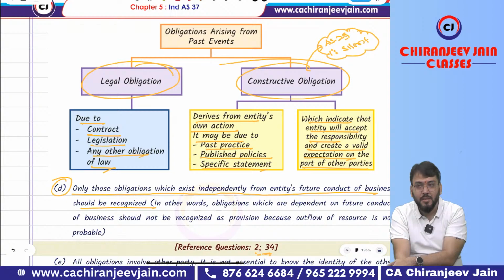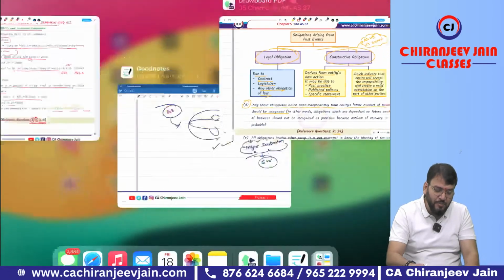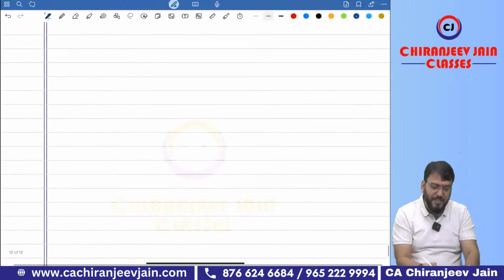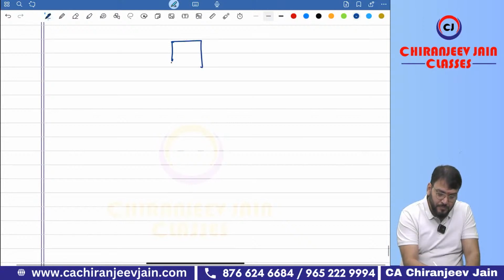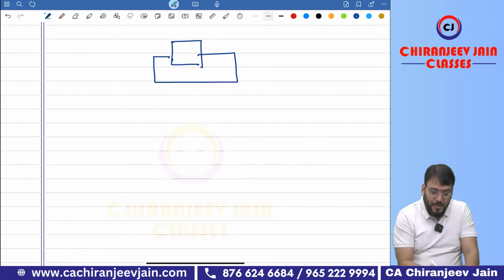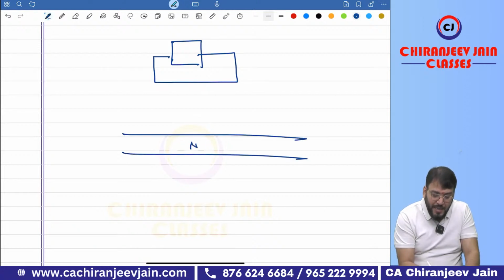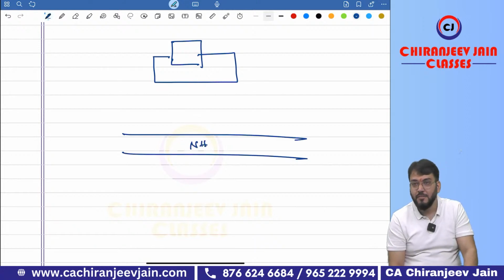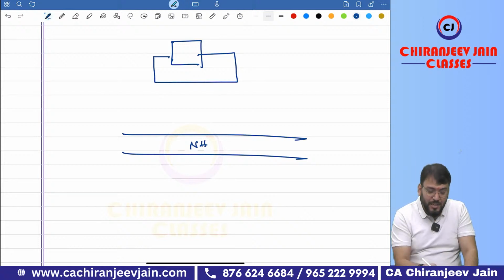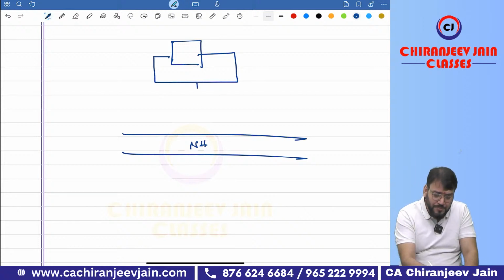Now suppose, just try to understand one point. Suppose this is one factory, this is the premises of the factory, and this is NH. NH means national highway. One road needs to be developed. Who will construct this road?